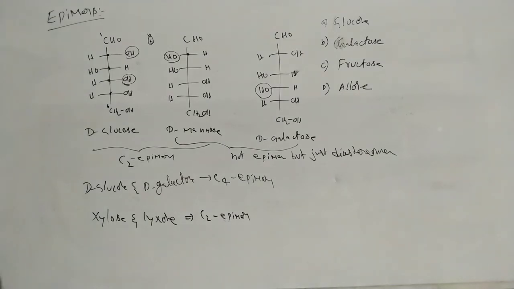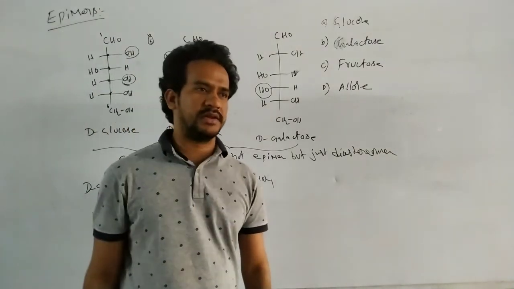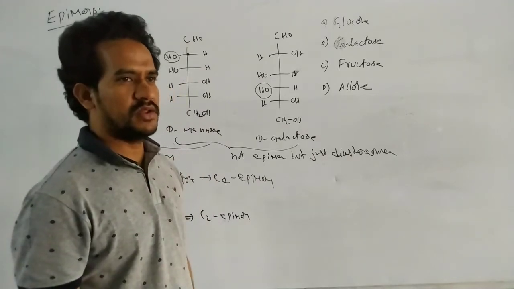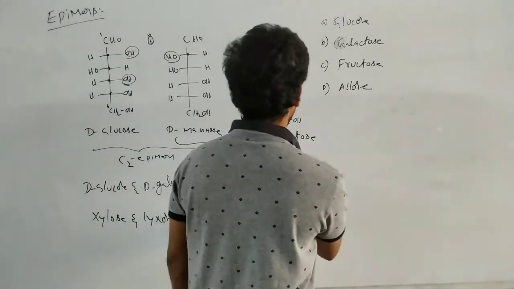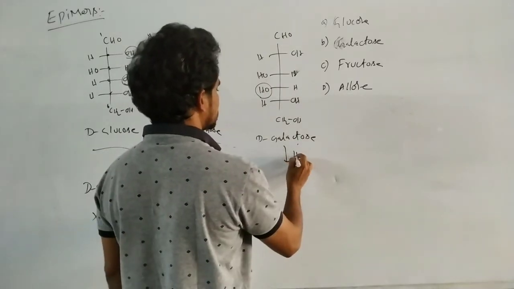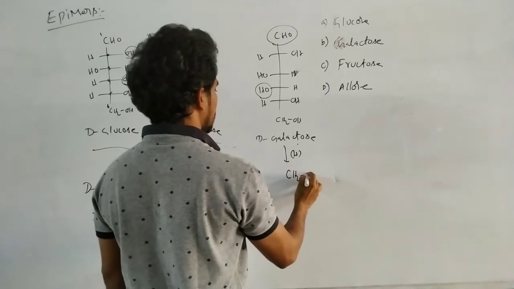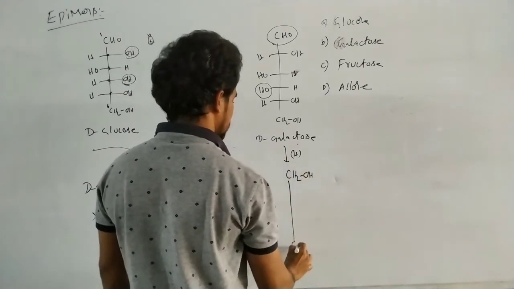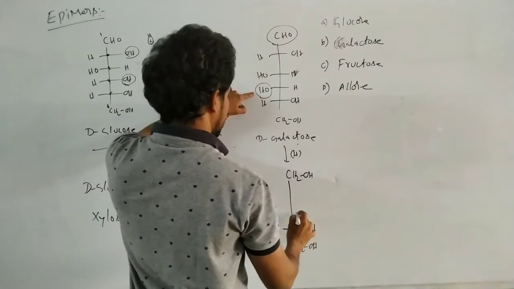Here what is the meso compound? The meso compound is an optically inactive compound that has a plane of symmetry. Now here, what is the product? On reduction, this aldehyde group is reduced to the alcohol CH2OH. Here CH2OH. Here OH on the right side.